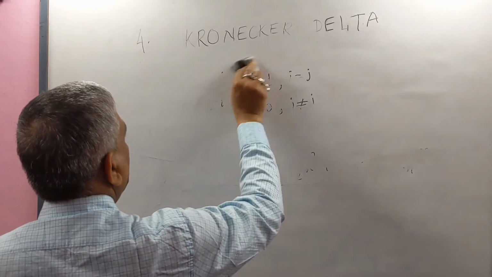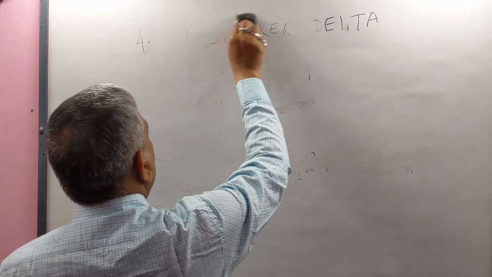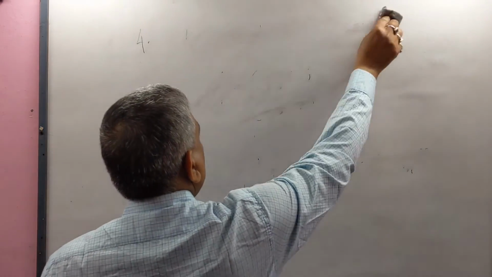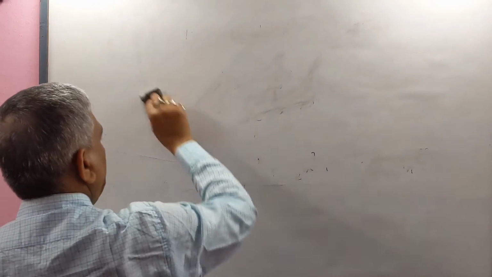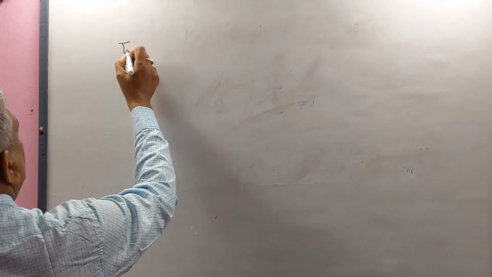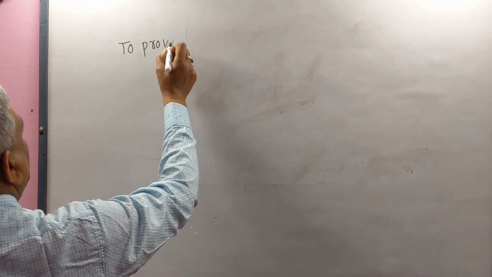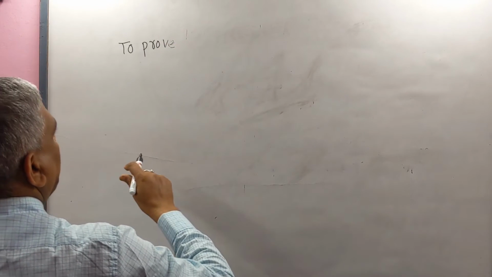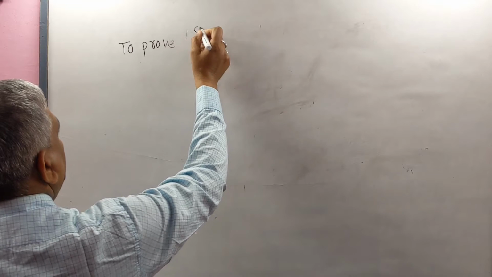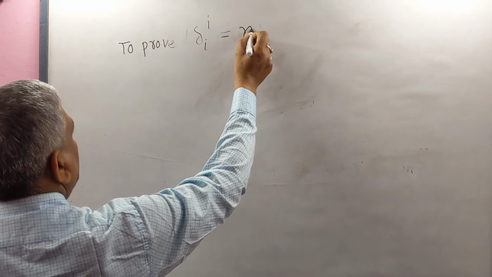Next, we start an example with a problem to prove delta_ii equal to n.